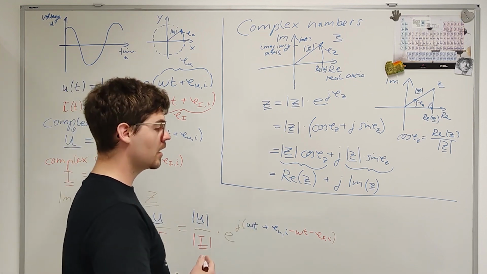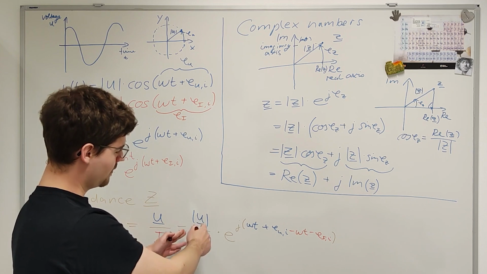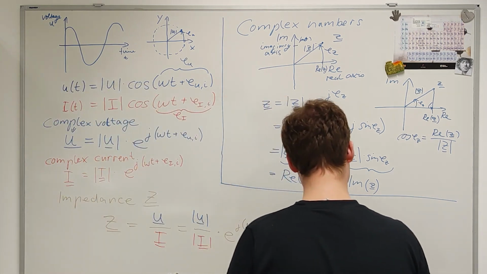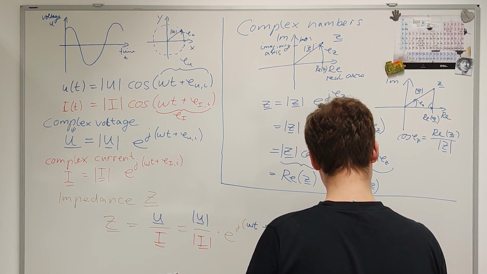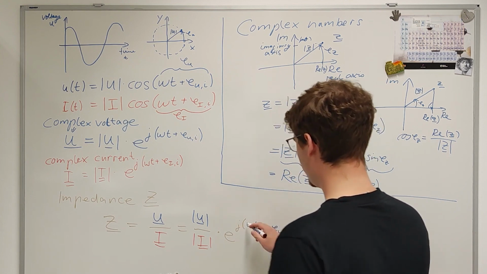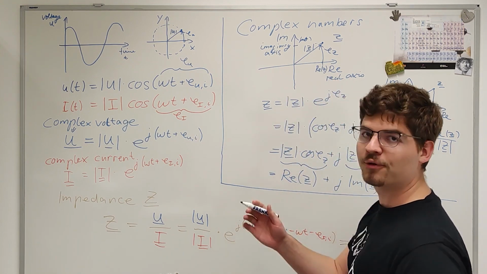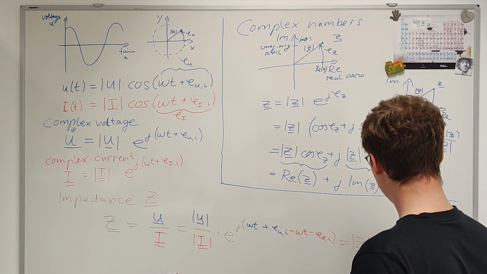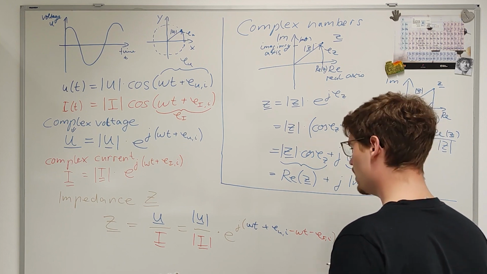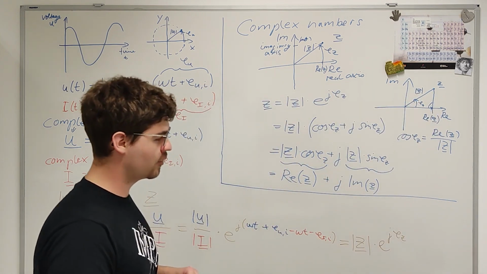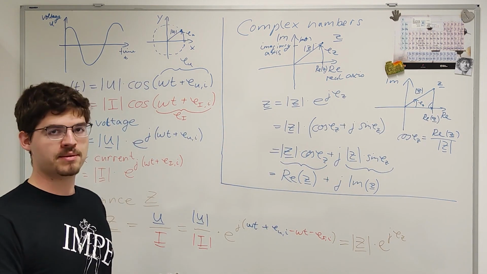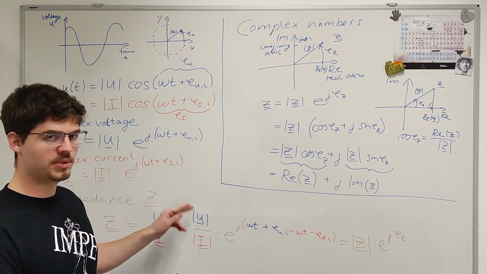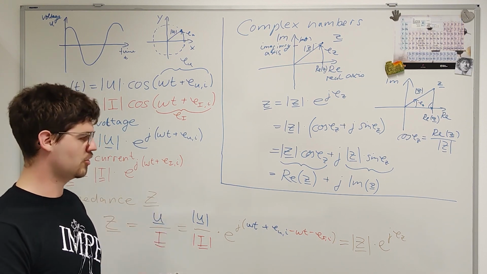And this we will call the magnitude of the impedance, Z. And this phase angle we will call phi Z. And with this, we have arrived at an initial mathematical description of our impedance as the quotient of the complex voltage divided by the complex current.